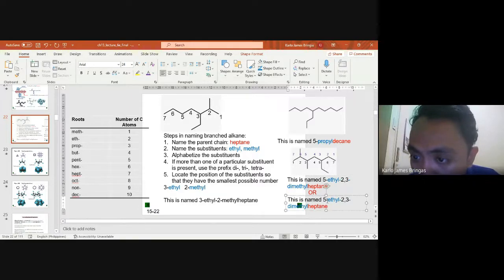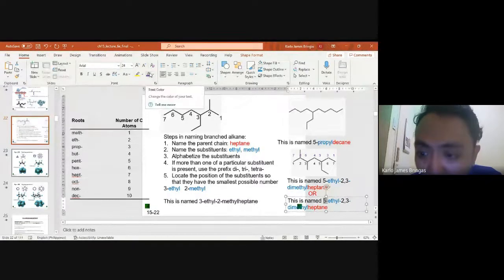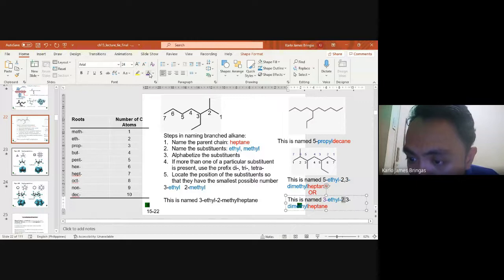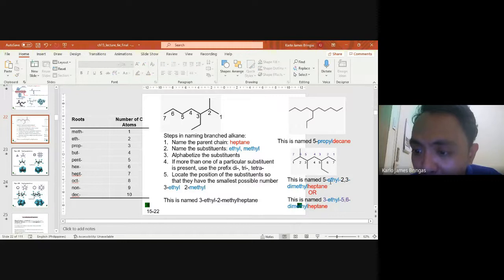So counting off from right to left, so ang ating ethyl ngayon becomes 3-ethyl. And our methyl is nasa numbers 5 and 6. So if you're not sure ano ba ang ating tamang name for this one?